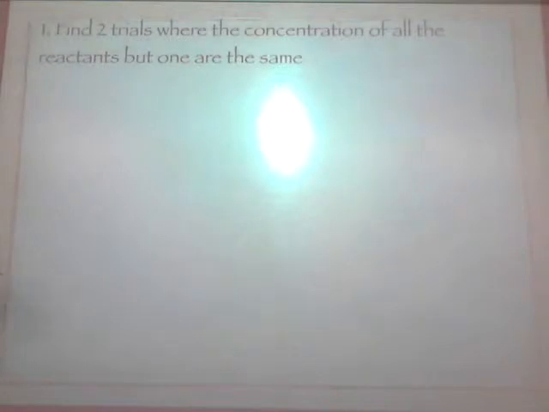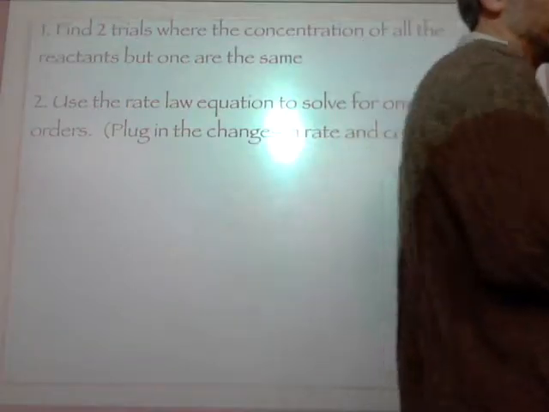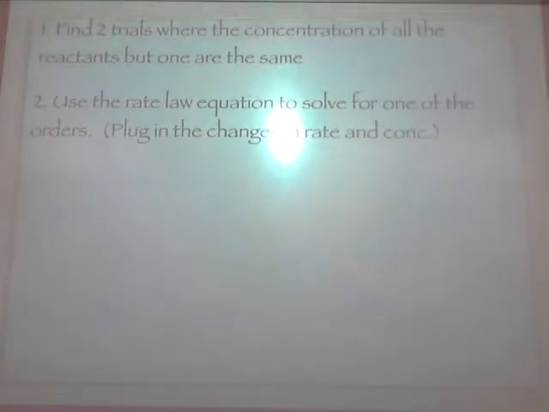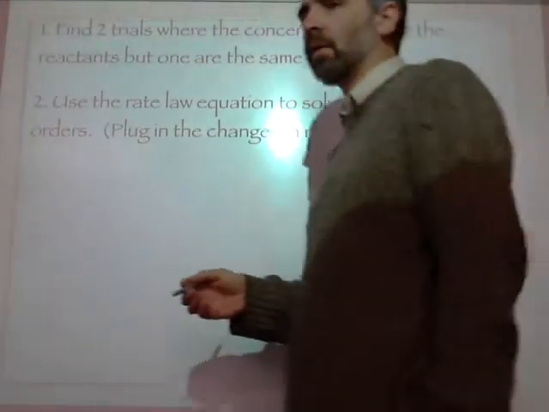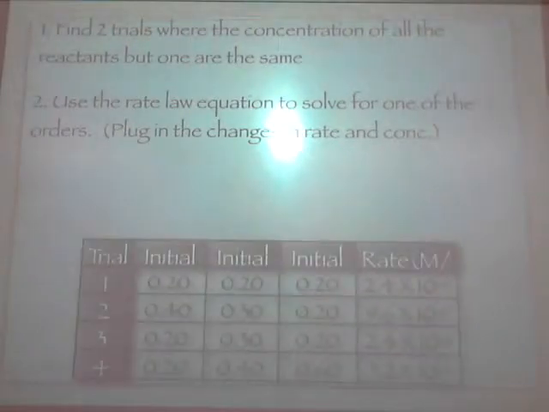After you do that, you're going to use the rate law expression, plug in the factors by which these changed, and solve for the missing order, the missing exponent. That won't make sense till I do it, so let me get that chart back up and show you what I mean.